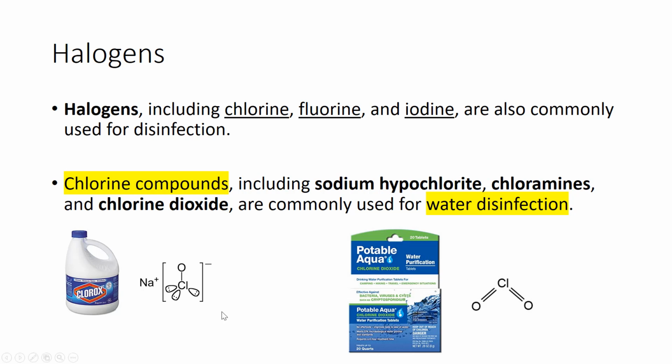So I'm showing you Clorox. Here is my chlorine salt with the sodium, and this is my chlorine dioxide. There are two oxides. So these chlorine components include sodium hypochlorite, chloramines, and chlorine dioxide. And they're basically used for water disinfection.